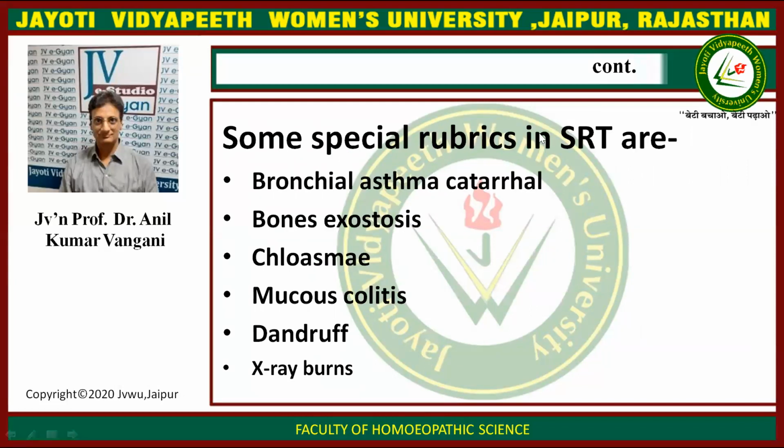Some special rubrics in supplementary reference table are discussed below. They are as follows: bronchial asthma catarrhal, bones exostosis, chloasma, mucus colitis, dandruff, X-ray burns, etc. So these are also some special kind of rubrics which you will not find so easily in other repertories.